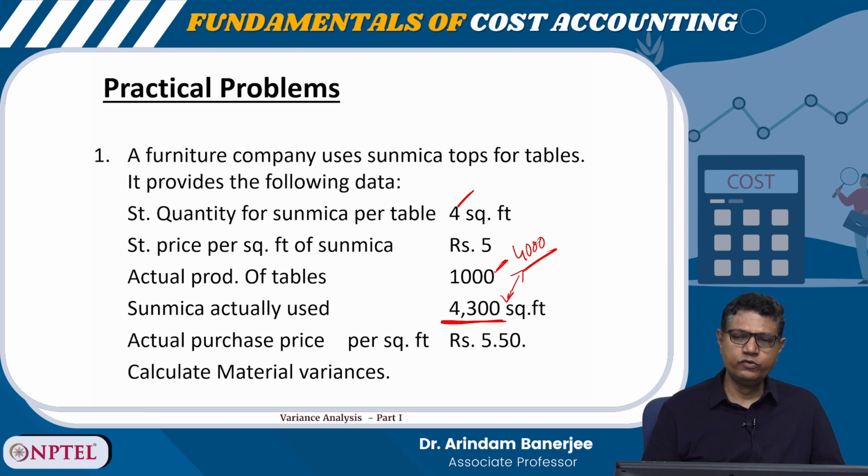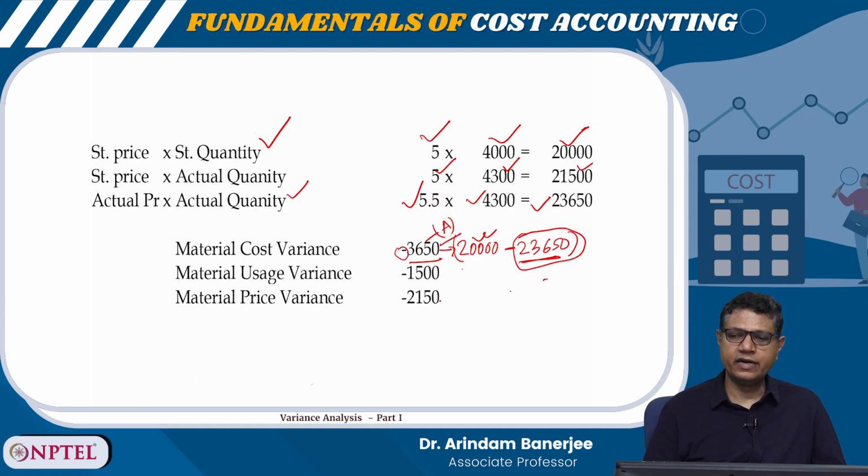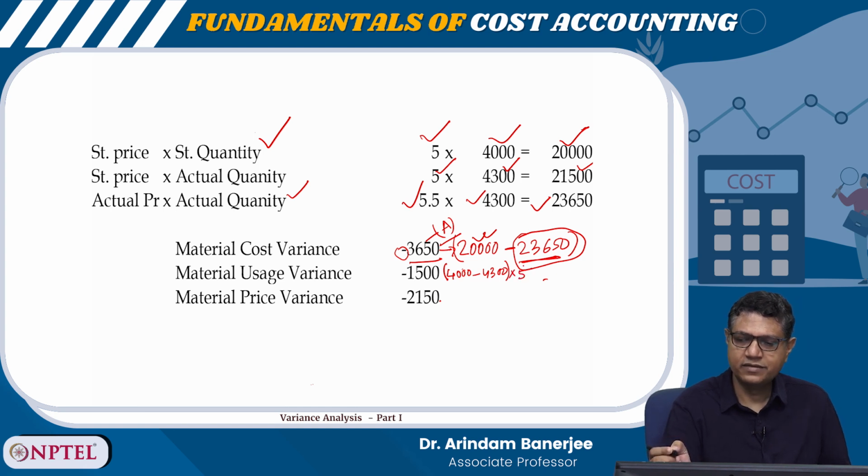For usage variance, the formula is standard quantity minus actual quantity into standard price. If you calculate this, it comes to 1500, and since actual usage is more, it is adverse. Minus means adverse, so this is also an adverse variance.